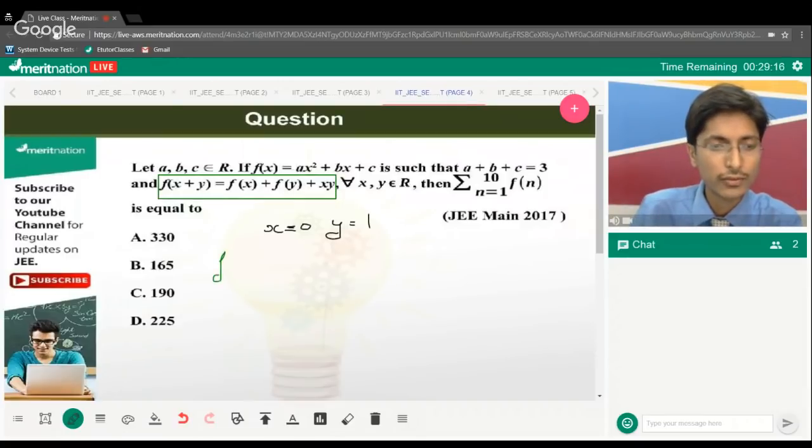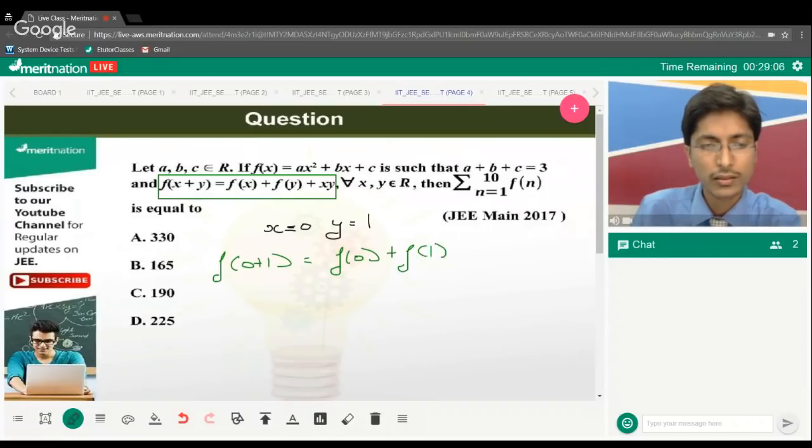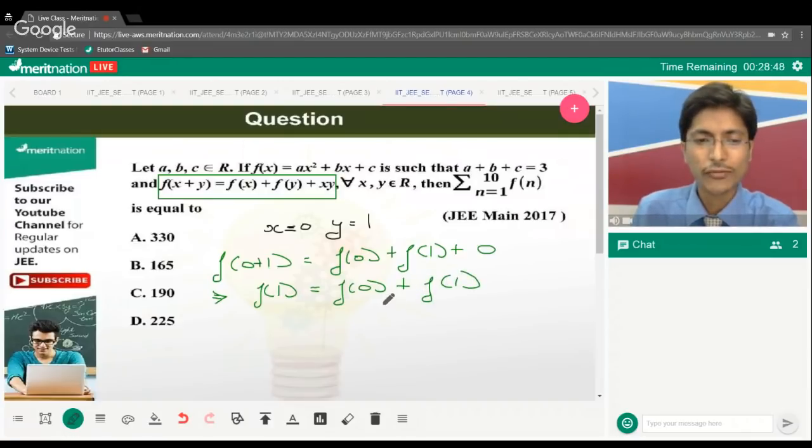So f of 0 plus 1 equals to f of 0 plus f of 1 plus 1 into 0 is 0. So what we are left with, we have f of 1 is equals to f of 0 plus f of 1. Now f of 1 gets cancelled off. So we are getting f of 0 is 0.